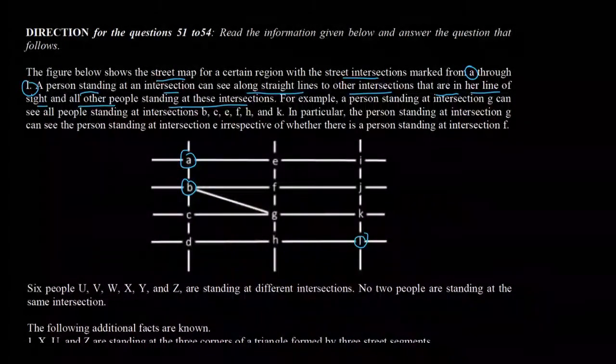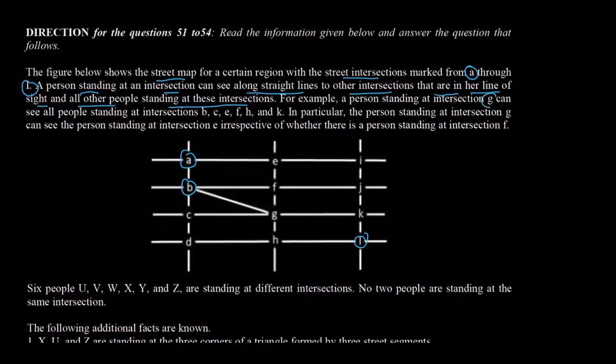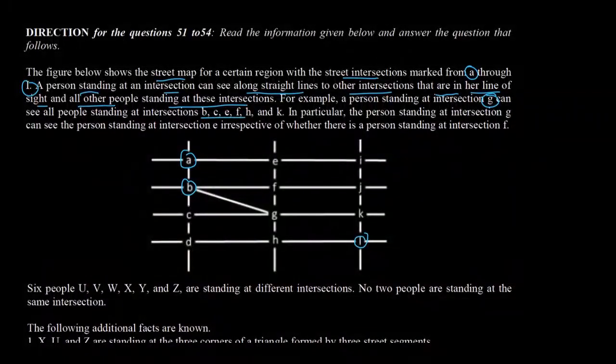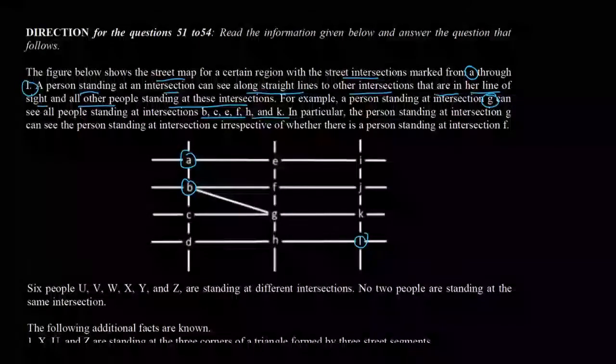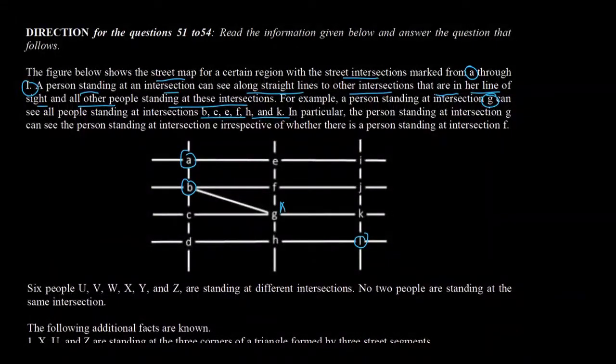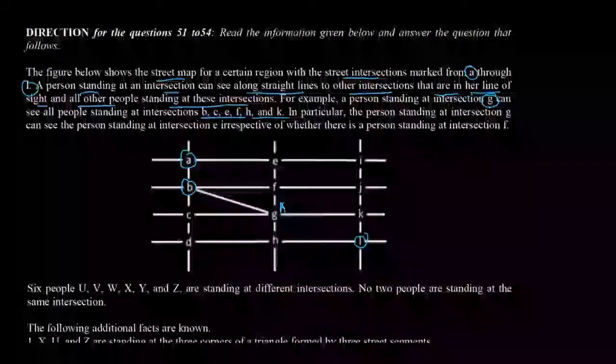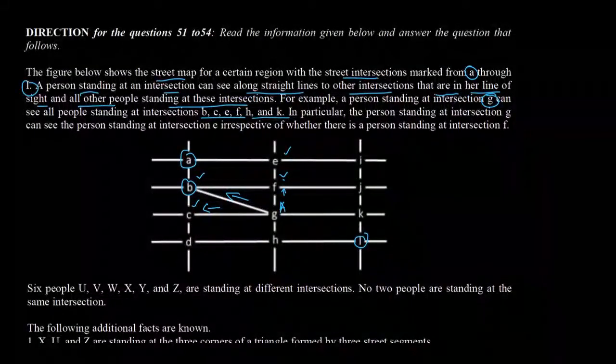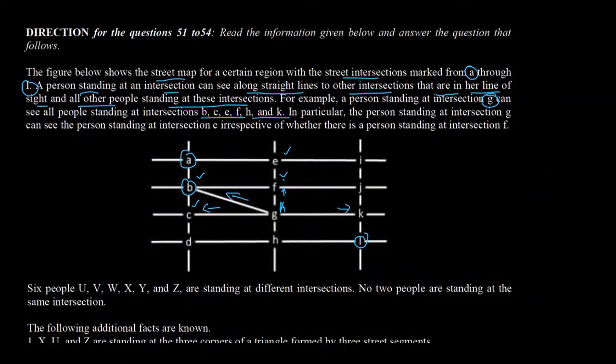For example, a person standing at intersection G can see all the people standing at intersections B, C, E, F, H and K. So a person standing at G will be able to see B because it is in his line of sight, C, F, E, K, and H. So he can see all of these people.